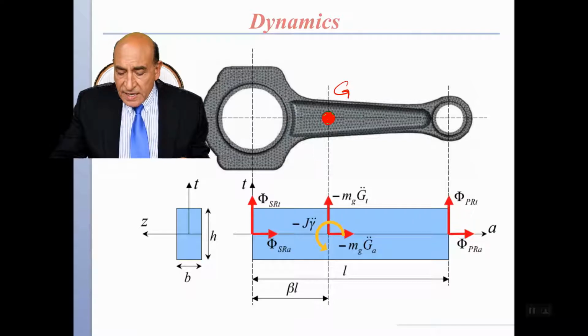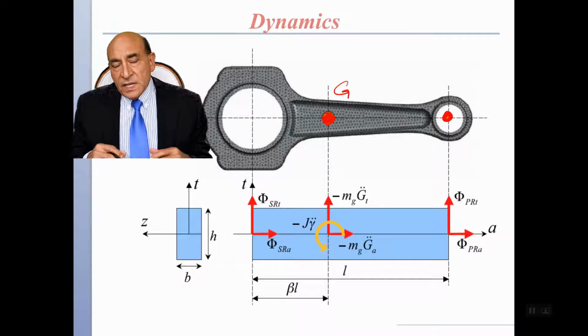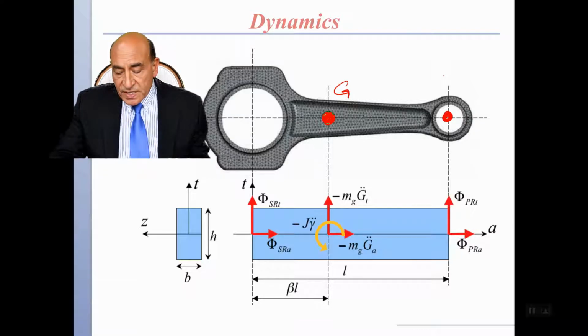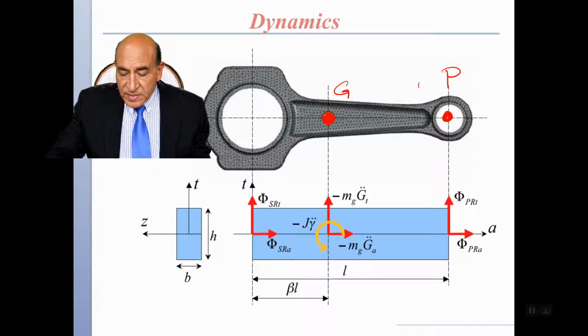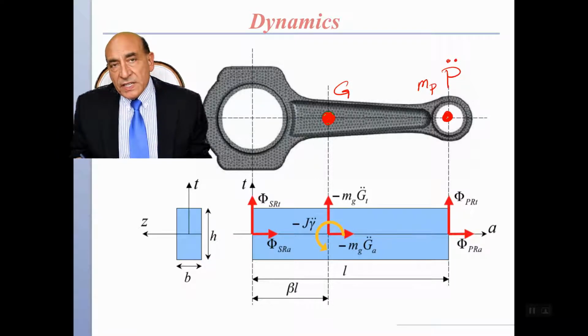And then we have another simplification for the piston, where we will simplify the piston as another particle that has a position P, and therefore the piston is going to be having a mass. So we have the mass of the piston here, and it is moving with an acceleration that is described by this position, the second derivative of the position with respect to time.